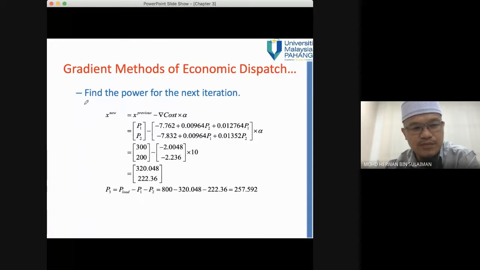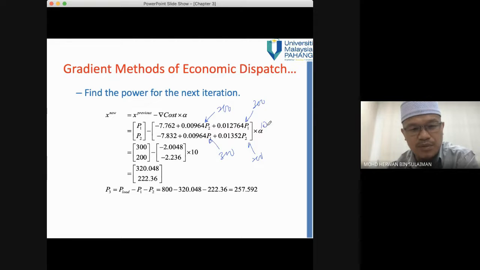Next, find the power for the next iteration, where x new equals x previous minus gradient of the cost times alpha. So you have the P1, P2 values, our initial 300, 200. So you put in the values: this is 200, this 300, this 300, this 200, and then multiply by 10, this is 10.